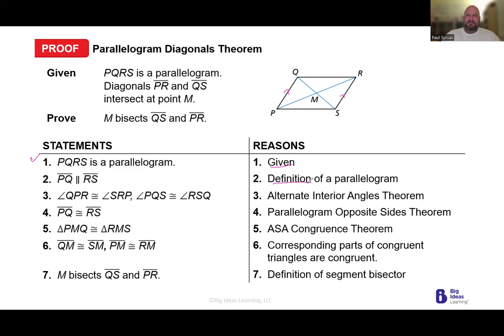So angle QPR and angle SRP, those two angles are congruent, as well as angle PQS and angle RSQ.